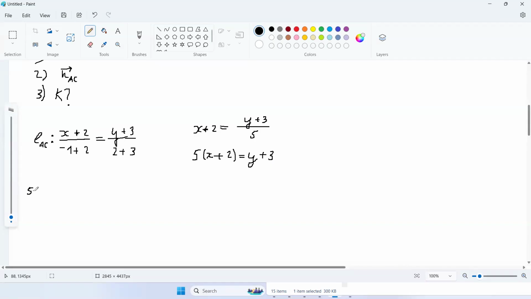So 5x plus 10 minus y minus 3 equals 0. And finally, 5x minus y plus 7 equals 0. So which coordinates does the normal vector have?